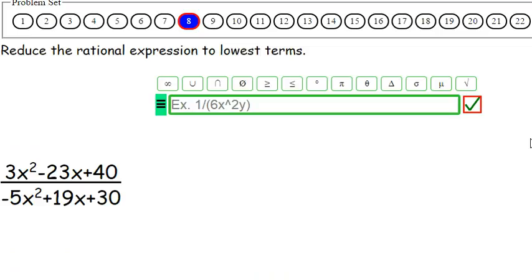Alright, so we've got 3x squared minus 23x plus 40 over negative 5x squared plus 19x plus 30.